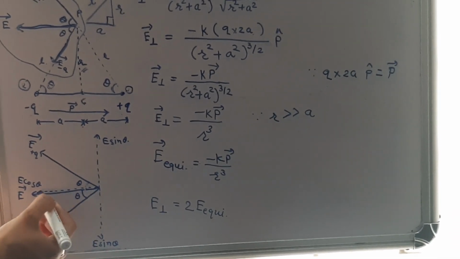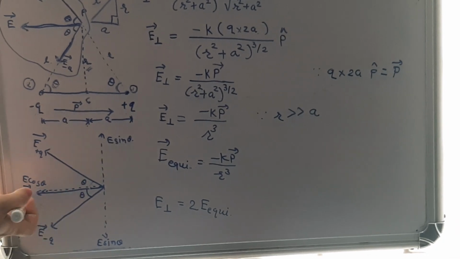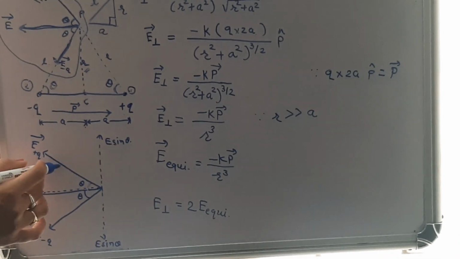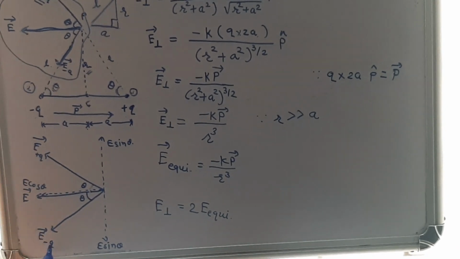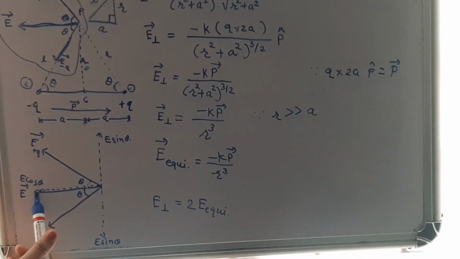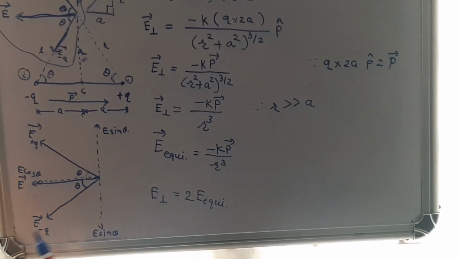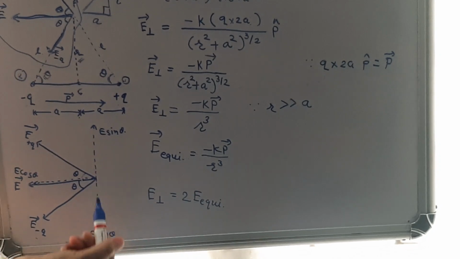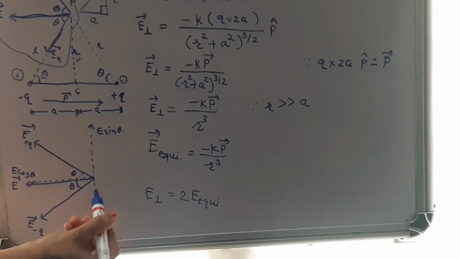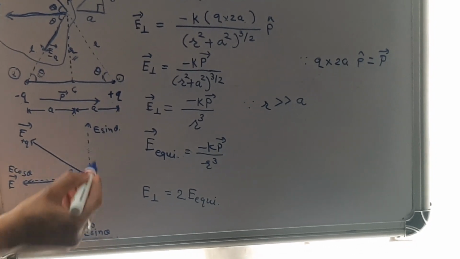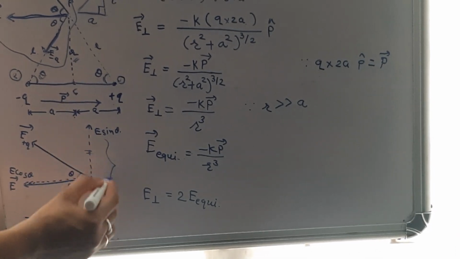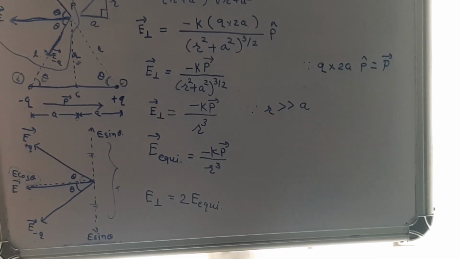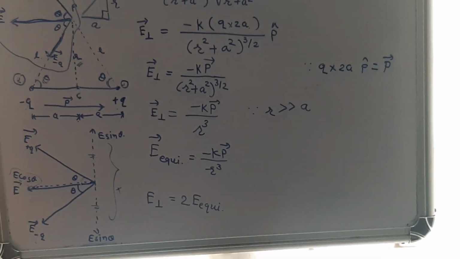The component along the field is E cos theta, and perpendicular to it E sin theta for this, and for this electric field, it is E cos theta as the second component, and here E sin theta. So see, this E sin theta and E sin theta are in opposite directions, so they will vanish each other. So only one component will remain, that is E cos theta.